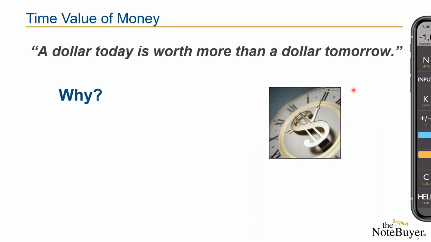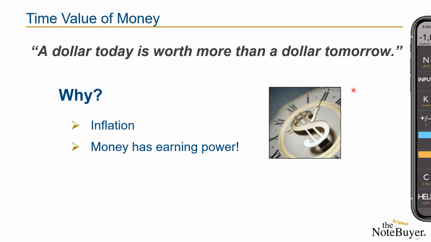Why? Most everybody says inflation, and boy, in today's economy, I can see why. Inflation is going crazy right now, and that is certainly one reason. But the big reason that you should want $1 today instead of $1 tomorrow is money has earning power. If you had that $10,000 today, you could invest it, and 10 years from now, you could have 100,000 or more.